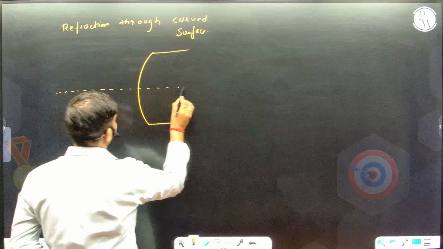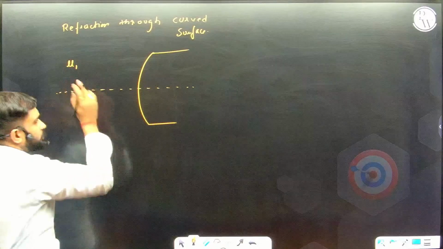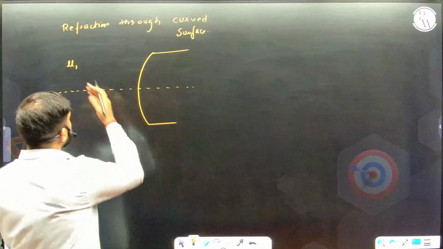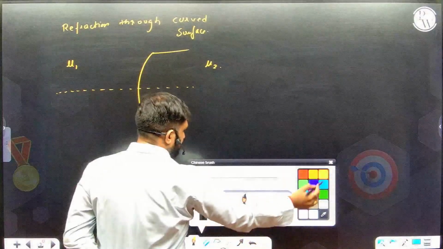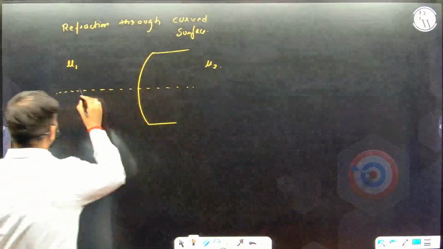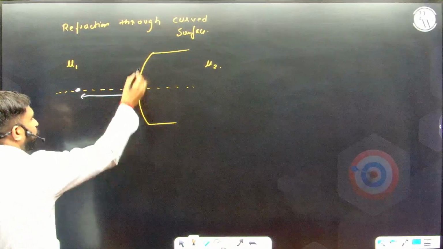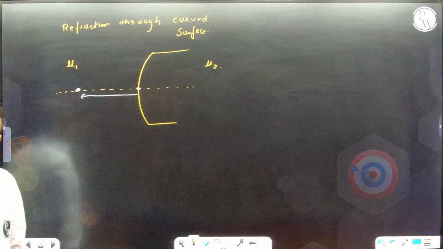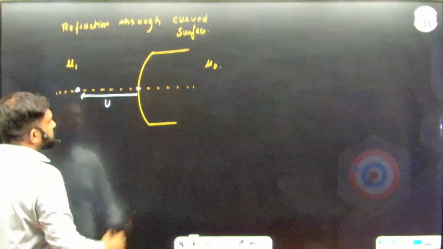So suppose there is this boundary which separates two optical media, the mu1 medium and the mu2 medium. There is an object placed in the medium 1, and I can say its distance from the pole or the origin of this boundary is the object distance.